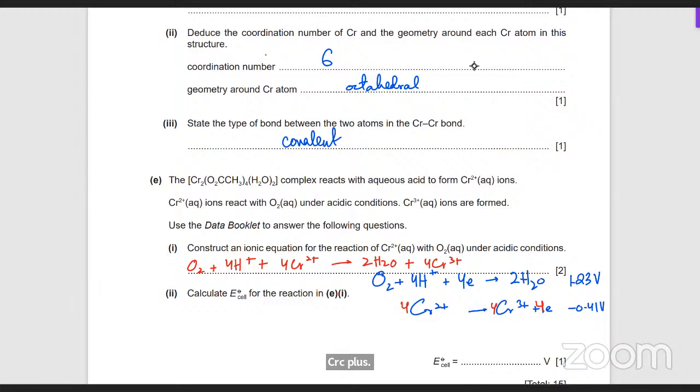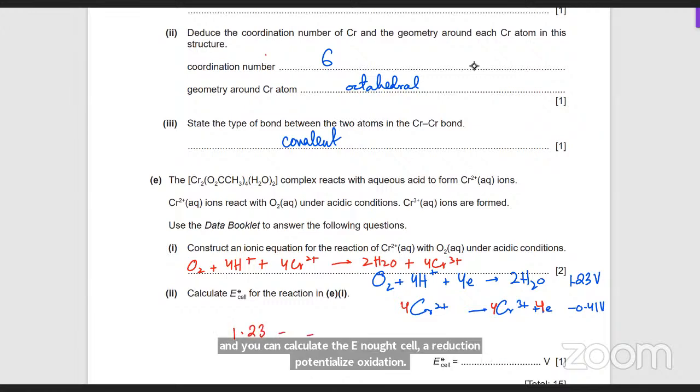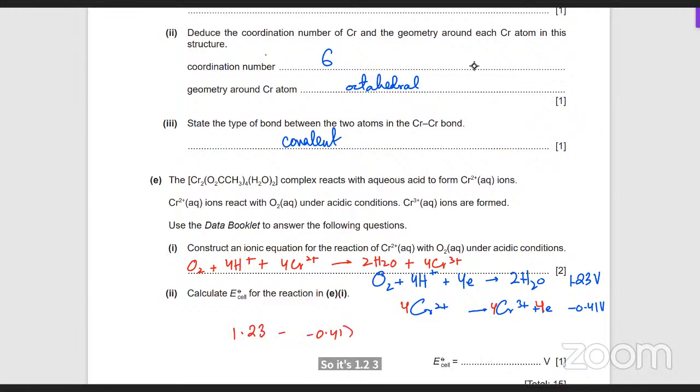You get that set, and you can calculate the E0 cell, reduction potential minus oxidation potential. So it's 1.23 minus 0.41, which gives 1.64 volts.